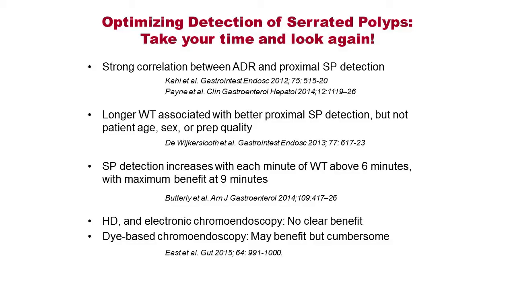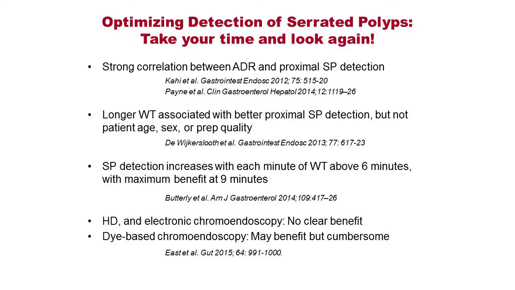This study really shows the law of diminishing returns, though. You don't prolong it indefinitely, and you reach a plateau as far as serrated polyp detection is concerned at 9 minutes. Ancillary technologies, we don't have very good data because most studies look at serrated polyps as a secondary analysis of other outcomes, looking at adenomas predominantly.